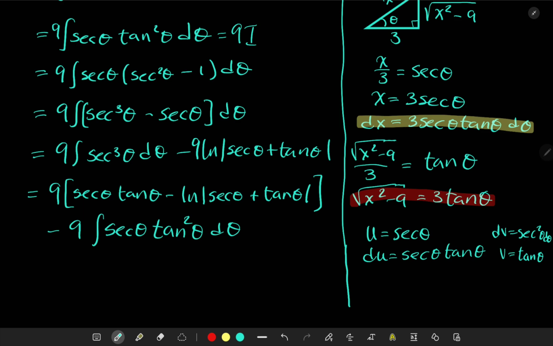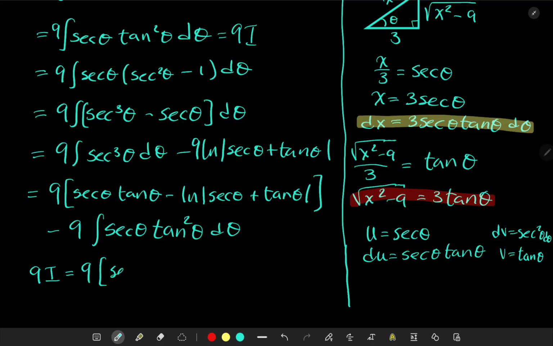So guess what? That's just going to be my 9I. So I get 9I is equal to that 9. 9 is a common factor to everything, but oh well, that's what we're going to do.